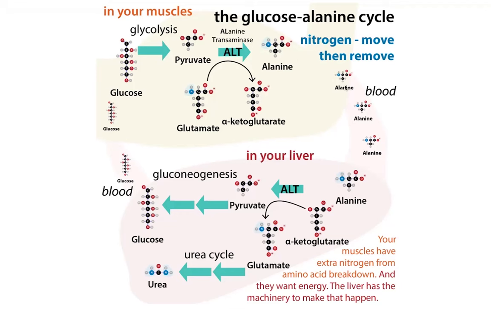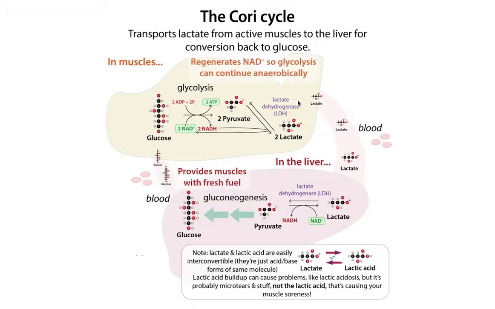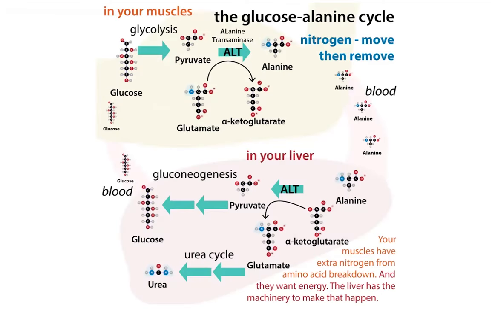And more, you want the liver not just to send you alanine back, but to send you a whole glucose back. So it's like with the Cori cycle where we're sending out lactate and getting back glucose. So we send out 3 carbons, we get 6 carbons back. Here we're sending out alanine and getting glucose back. So we're sending out 3 carbons and getting 6 carbons back. The difference in this case, or one of the differences, is that we're also sending the amino group and we're not getting that amino group back.